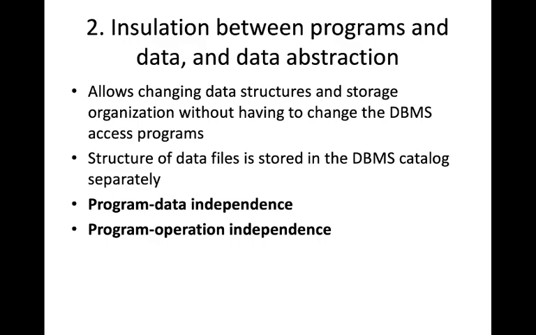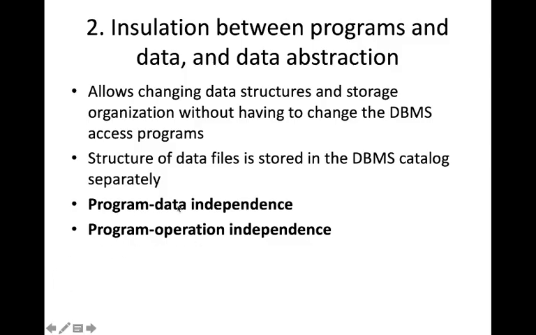When you want to access something in an object database, you need a function or method to call it. It will contain an interface which includes a name and also the data types or arguments or parameters. If you want to change that method, operation or function, it is possible without affecting the program. That is known as program operation independence.